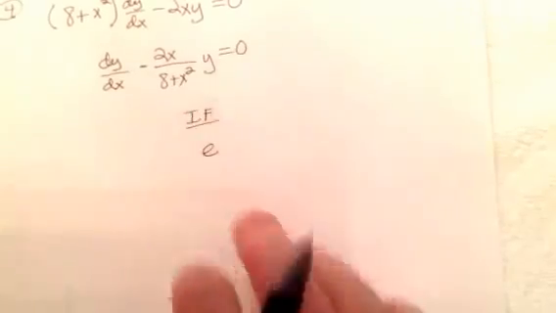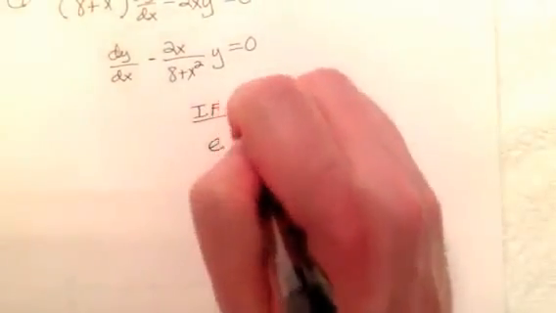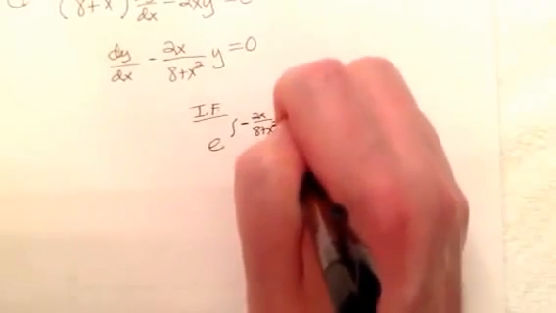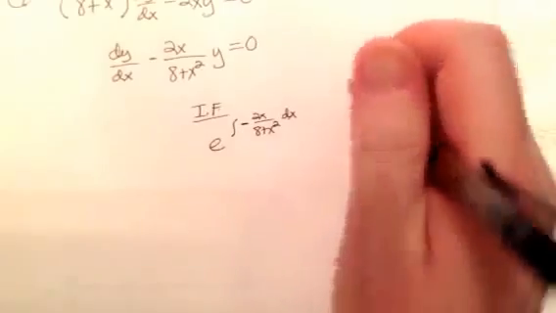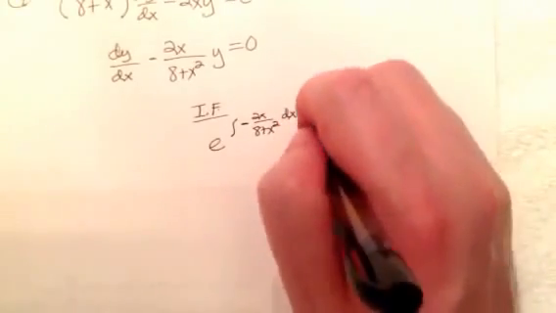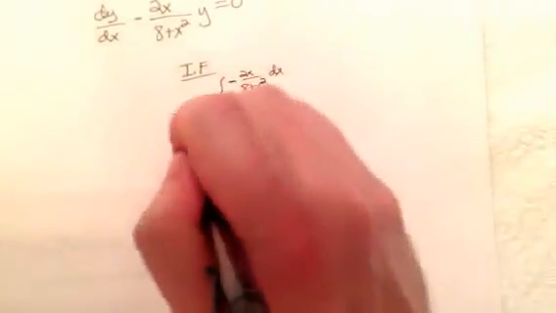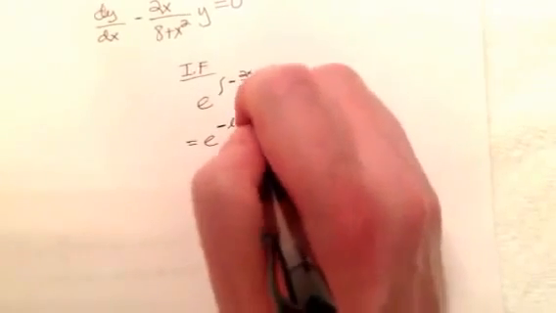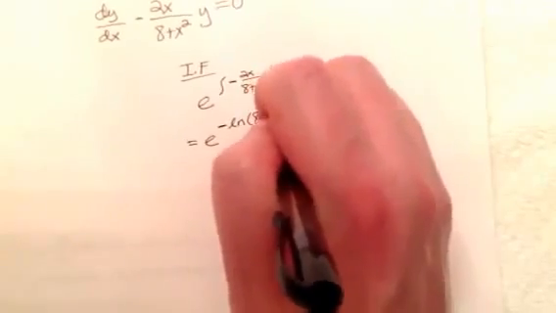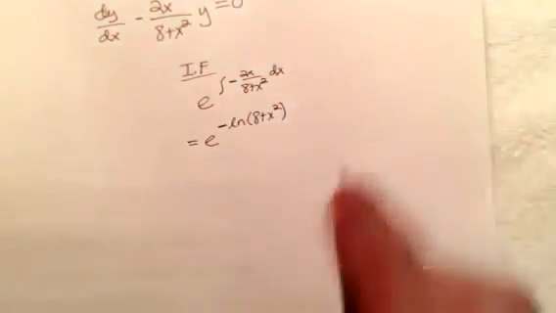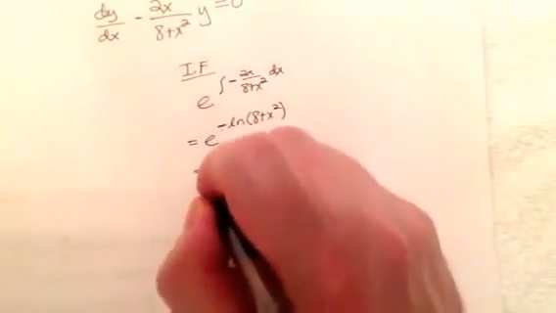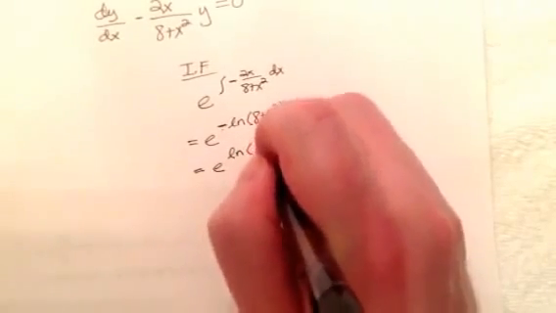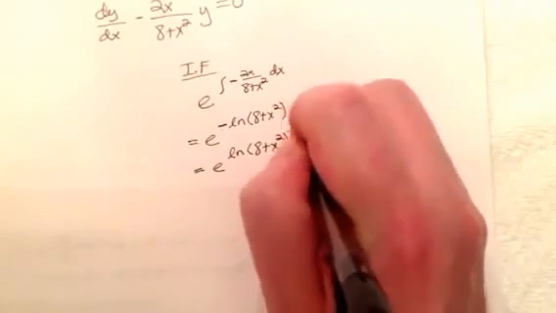Now, in terms of the integrating factor, we have e to the integral of negative 2x over 8 plus x squared dx, and in the follow through, this is equal to e to the negative of the natural logarithm of 8 plus x squared. We can translate the negative coefficient: the negative of a natural logarithm is going to be e to the natural logarithm of 8 plus x squared to the negative 1.